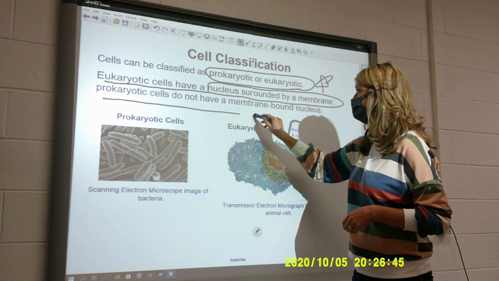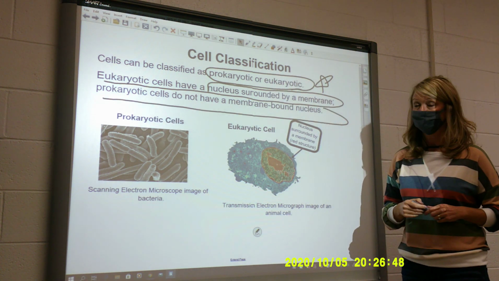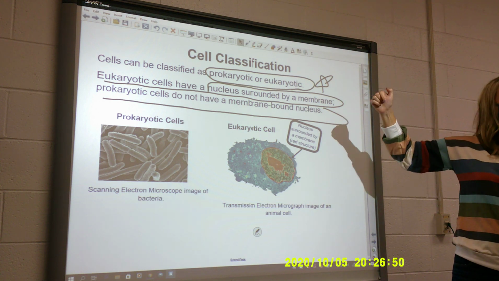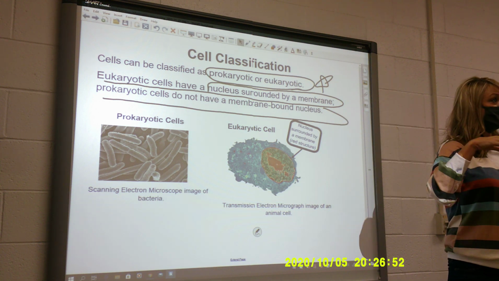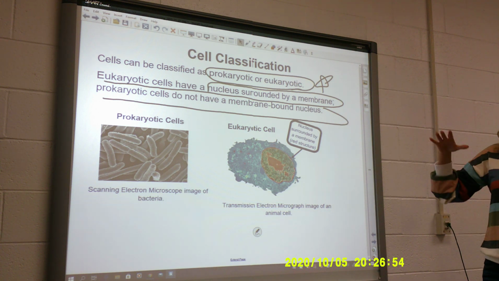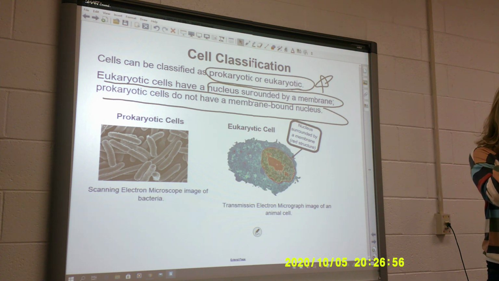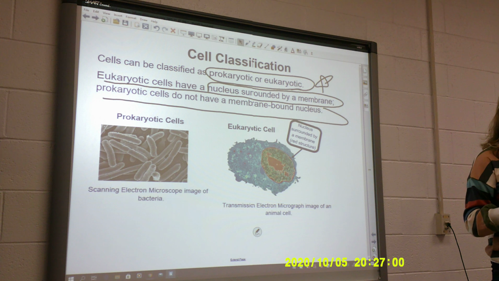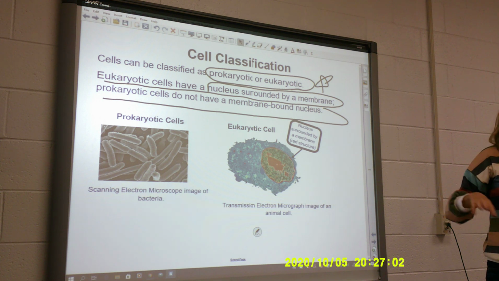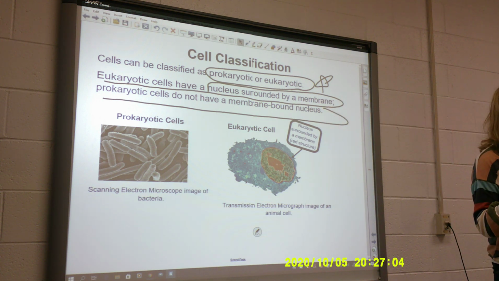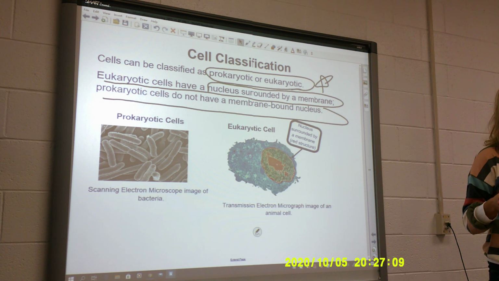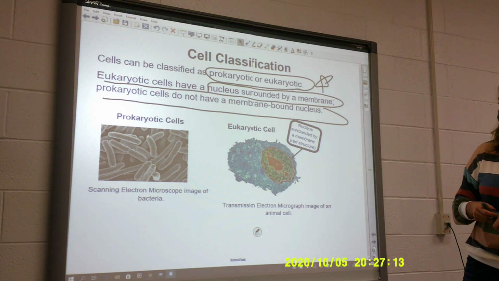Prokaryotic cells do not have a membrane-bound nucleus. So if you can imagine it, eukaryotic cells are more complex. Prokaryotic cells are going to be single-celled organisms, okay? Amoeba, plankton, some bacteria. Eukaryotic cells, hair cells, skin cells, heart cells, muscle cells, brain cells, plant cells, okay?